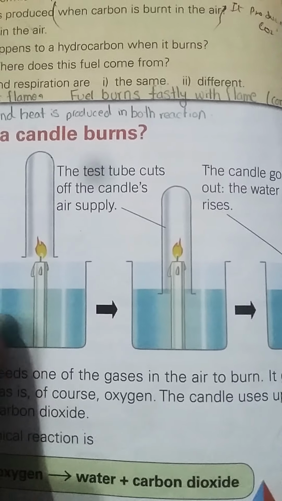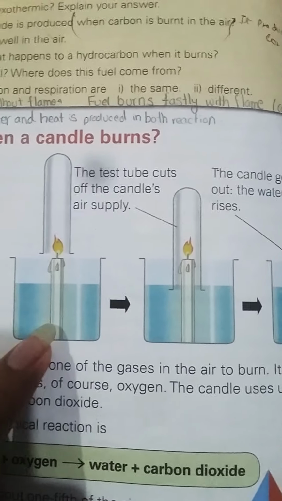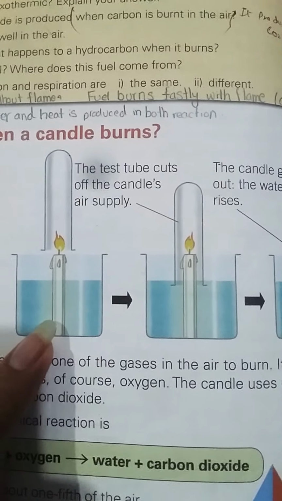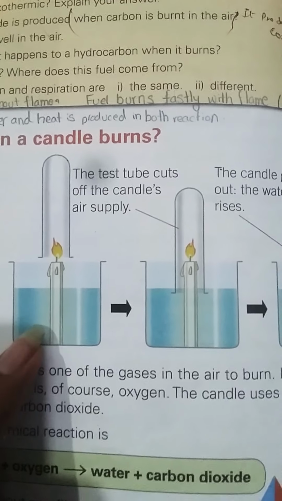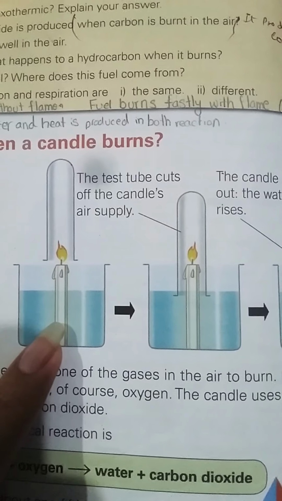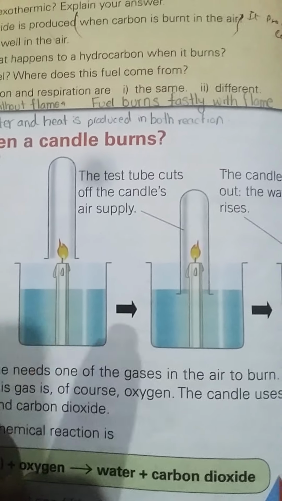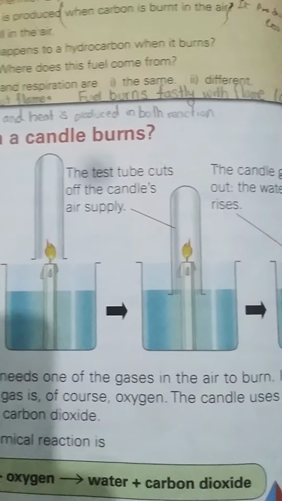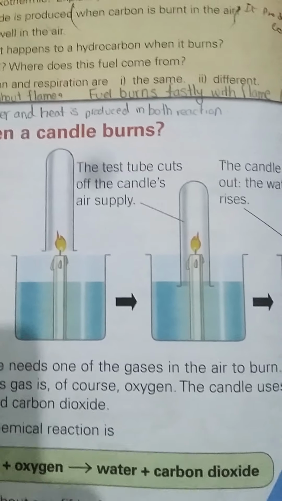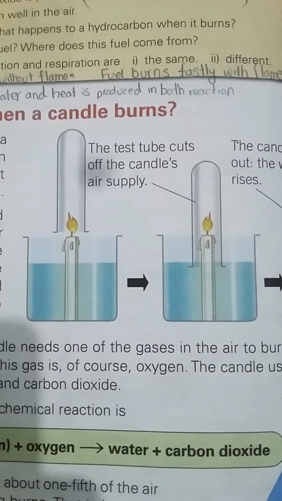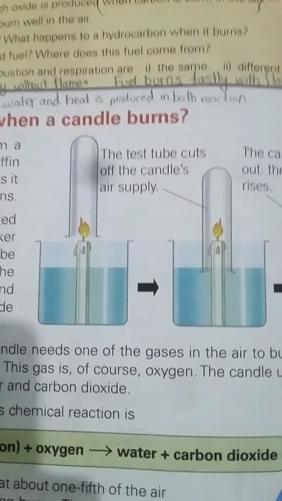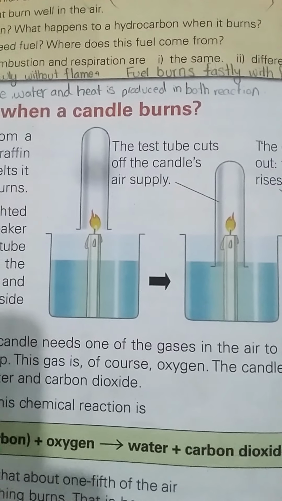Okay, first of all, you need to know which material candles are made of. So candles are made up of hydrocarbon. We have discussed hydrocarbon before. Hydrocarbons are substances that have hydrogen and carbon as their constituent elements.